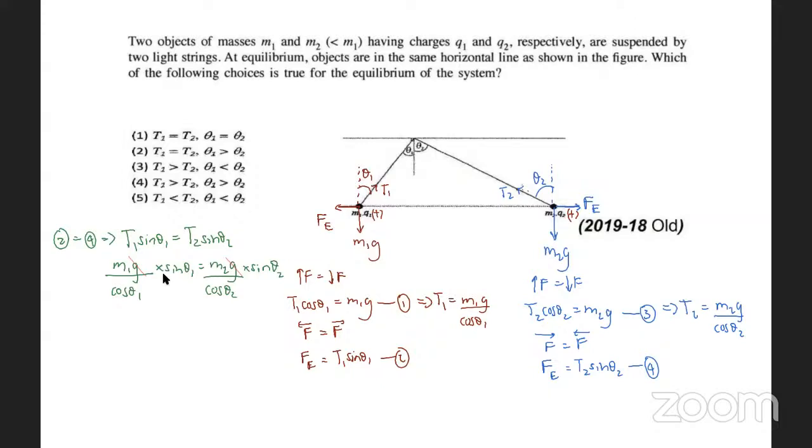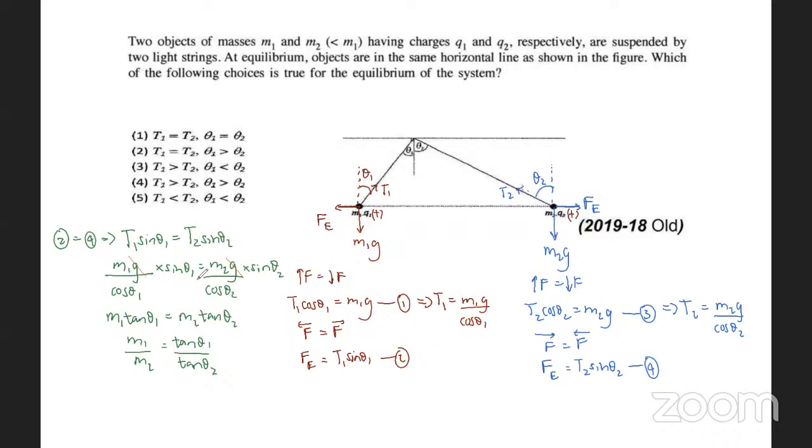Anyone? What is sine theta 1 over cos theta 1? It is tan theta 1, right? Tan theta 1. So m1 tan theta 1 equals sine theta 2 over cos theta 2, which is tan theta 2. Now we are on the right track. I'll tell you why. I'll take both the masses to one side. m1 over m2 is equal to tan theta 1 over tan theta 2.